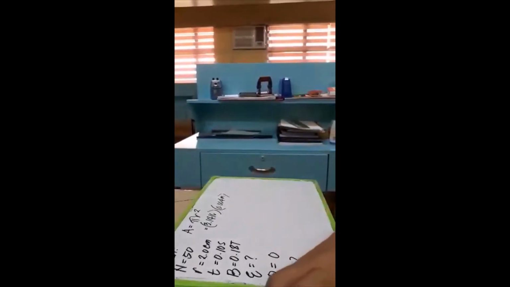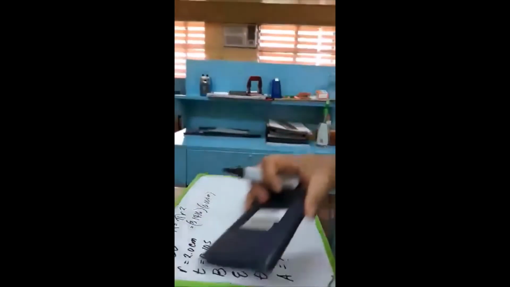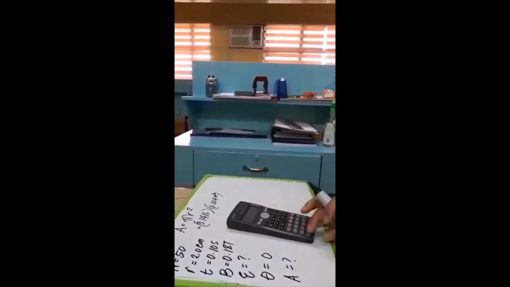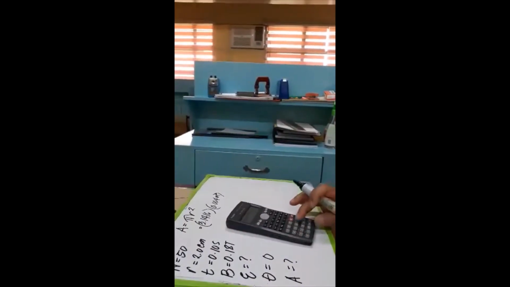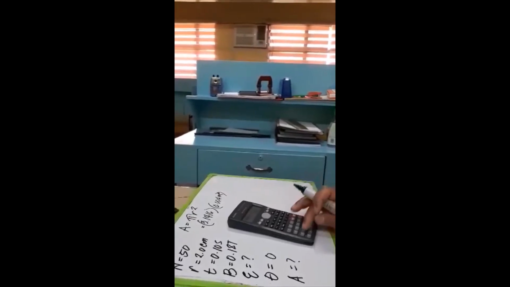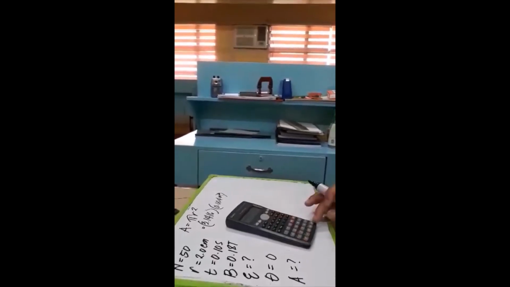So let us try to see if it's correct. Let us try to use our calculator. So we have here square meter. So 20 divided by 1,000 times 2. 20 divided by 1,000 square meter.